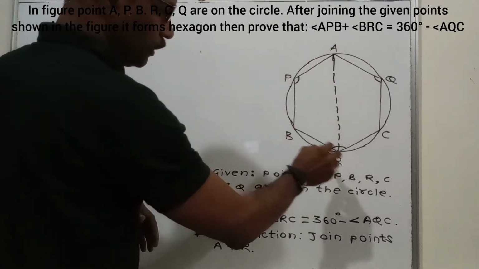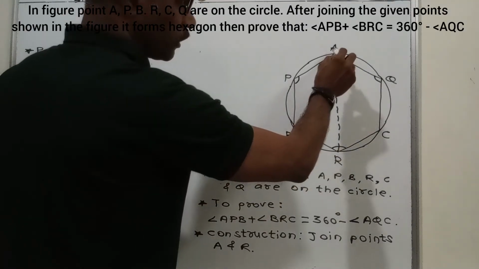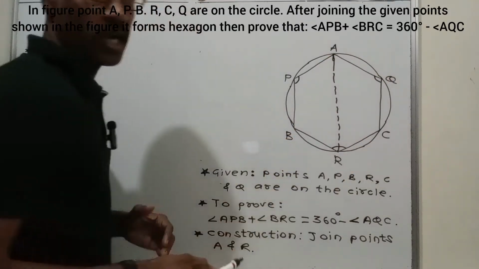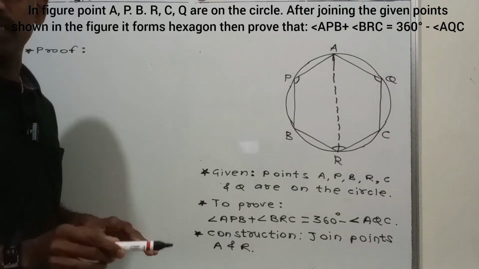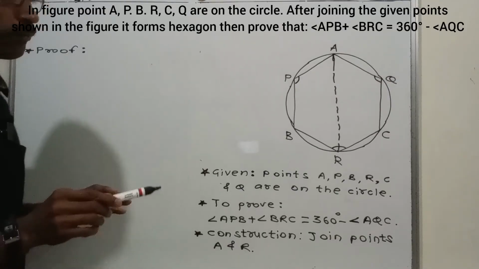Now quadrilateral APBR and quadrilateral AQCR are inscribed in a circle, so these are cyclic quadrilaterals, and we know that.